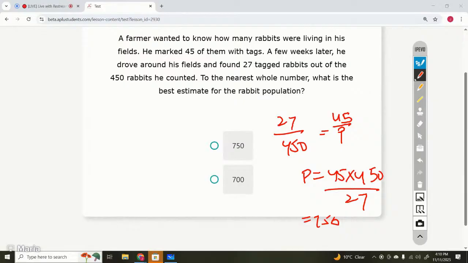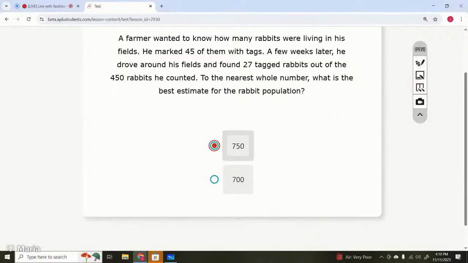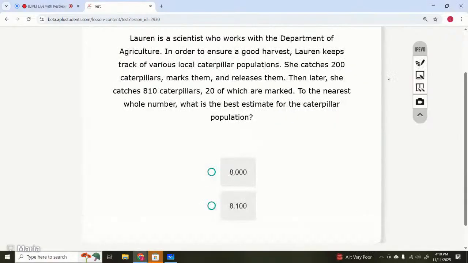Got it? That is 750. Option number 1 is the correct option.